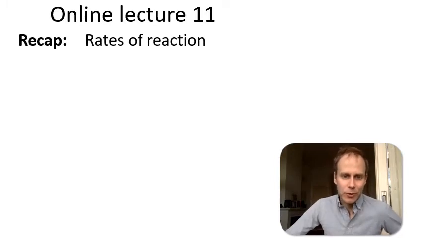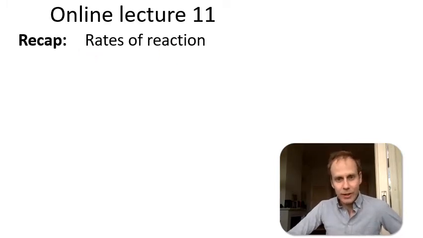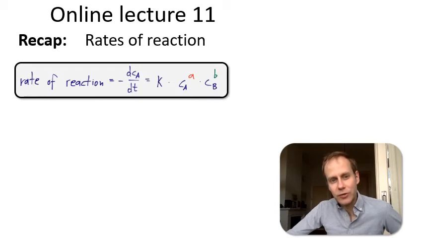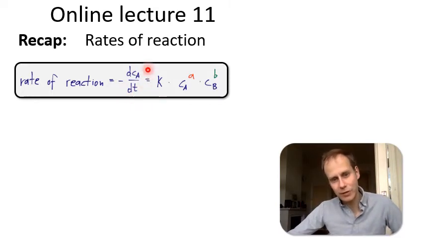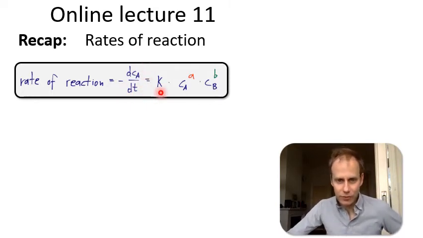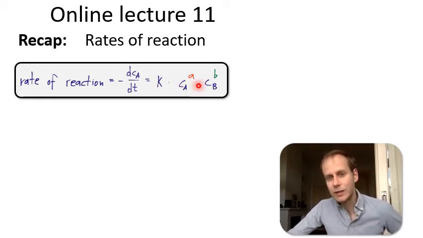Last time we spoke about the rates of reaction and we introduced an equation to express the rate of a reaction. It's a differential equation where the concentration of the reactant A changes over time, and this is expressed by this gradient, and it depends on the rate constant k times the concentration of A times the concentration of B with the respective order parameters.